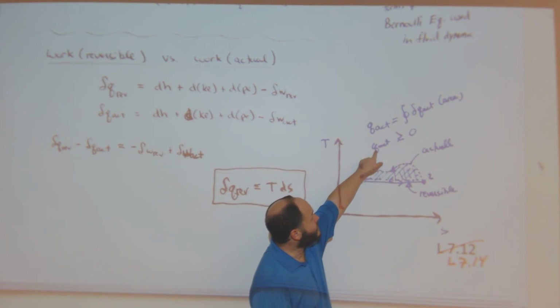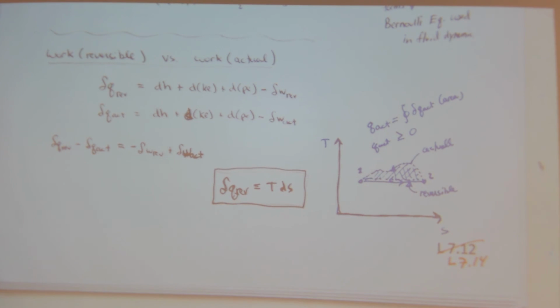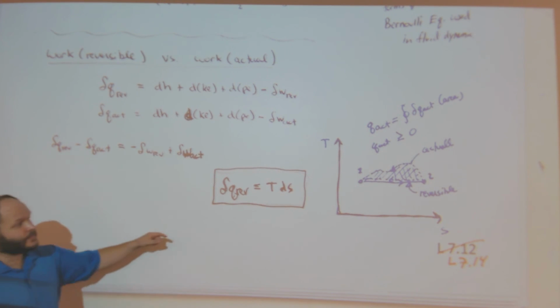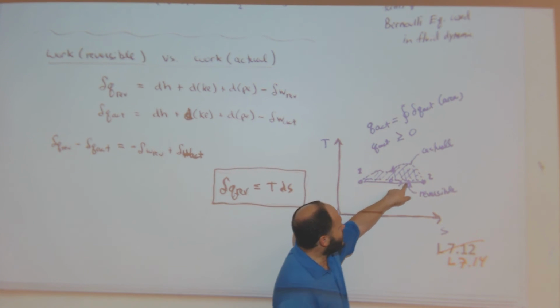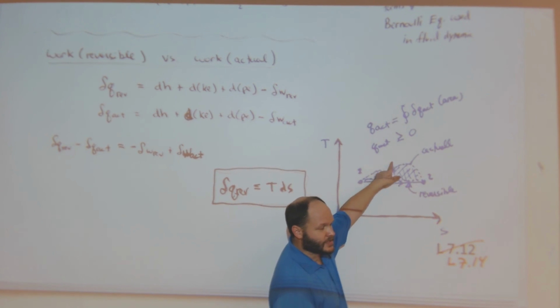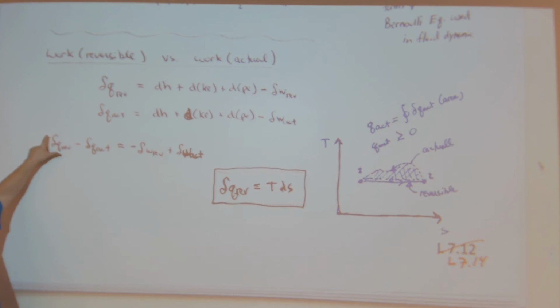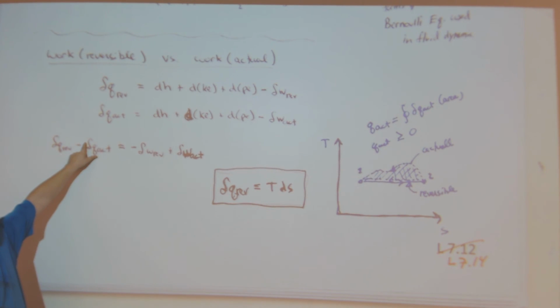Actual. So counterclockwise out, this is work, the actual heat is out. Okay. So my reversible is 0 minus a positive number, right?